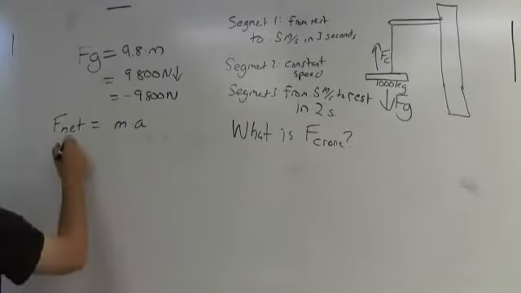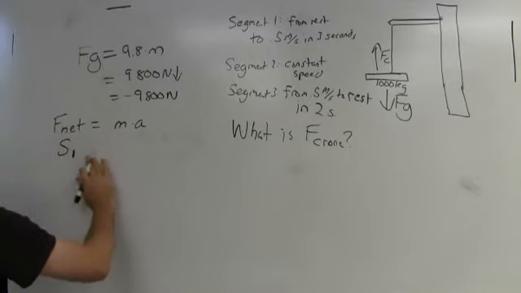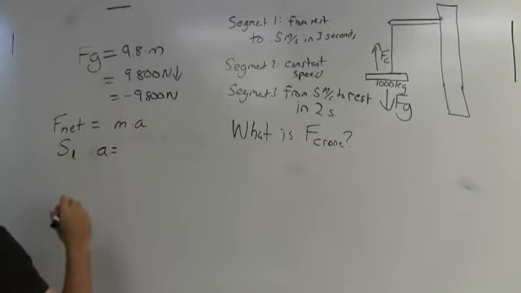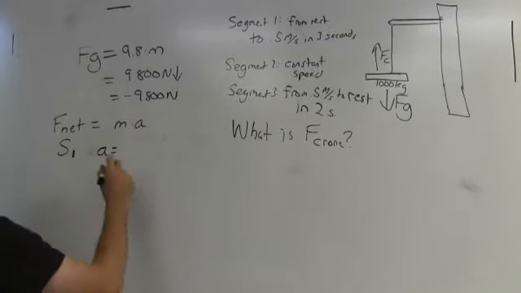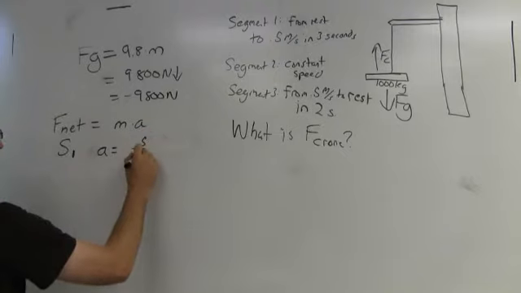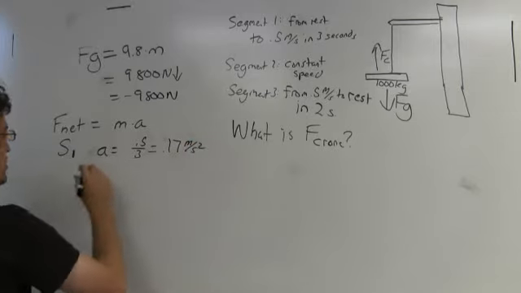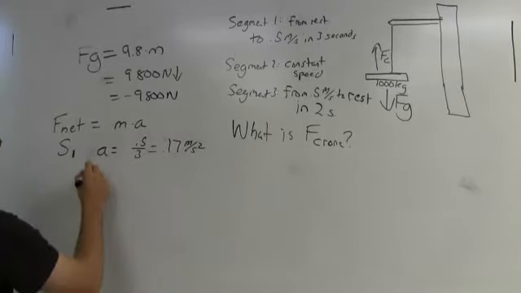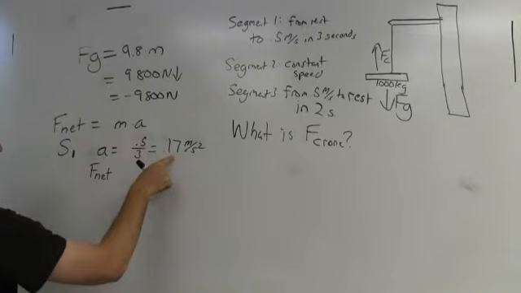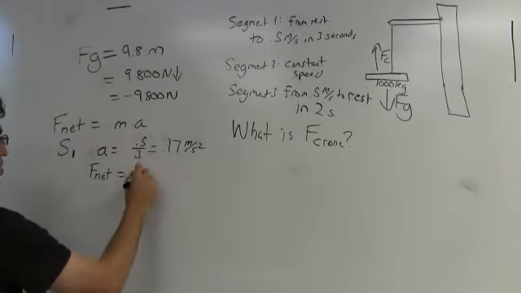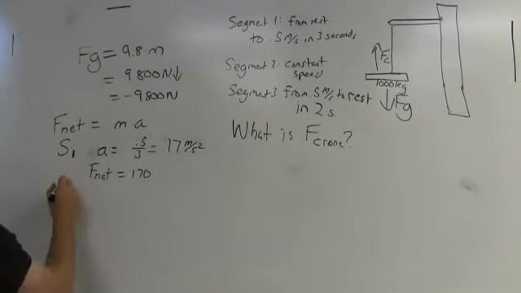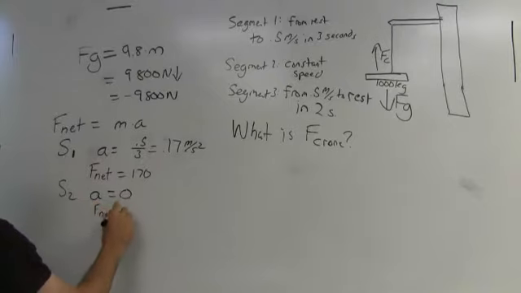So, for segment 1, the acceleration is equal to change in velocity over time: 0.5 over 3, which is 0.17 meters per second squared. Which means that the net force is equal to 1,000 times that, or 170 newtons. In segment 2, it's even simpler. a is 0, which means that F net is 0.